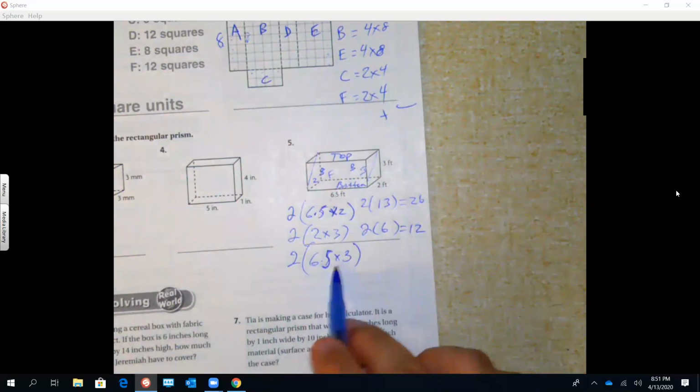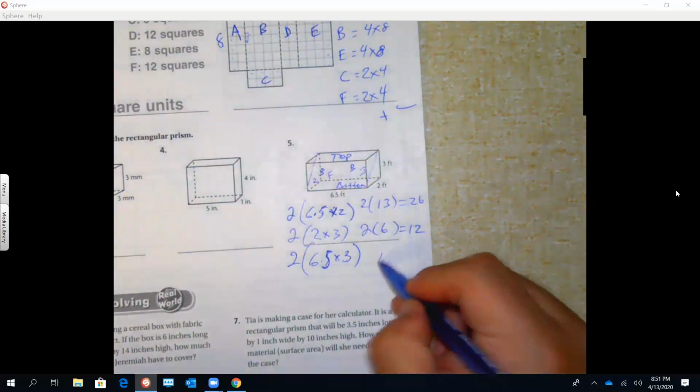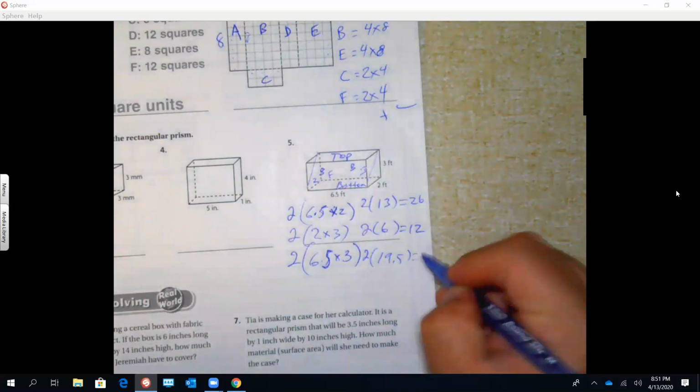Then 6.5 times 3 is 19.5, and there's 2 of them, so 39.